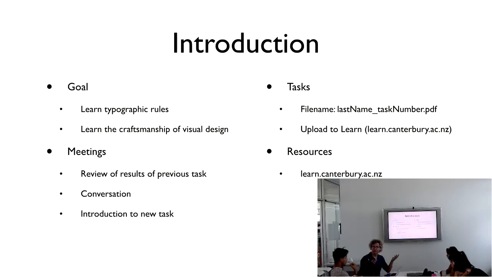Normally we would start with a review. So on Monday when we meet, the first thing to do is to talk about the tasks that you've completed. But since there wasn't a task yet, we skipped that part. When you submit your work, please do me a favor and name it last name _ task number, because that makes it much easier for me to figure out who's doing what, because I download all the PDFs from the website, and this just makes my life slightly easier.